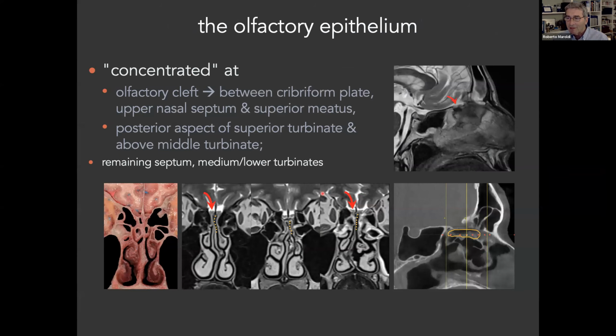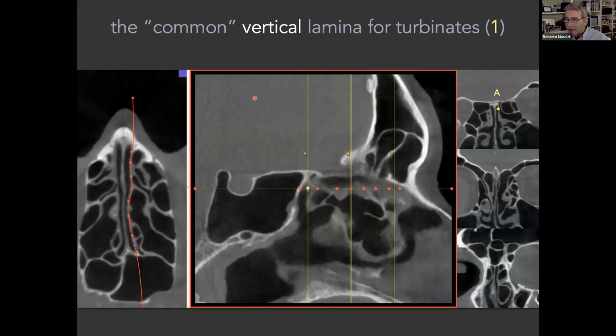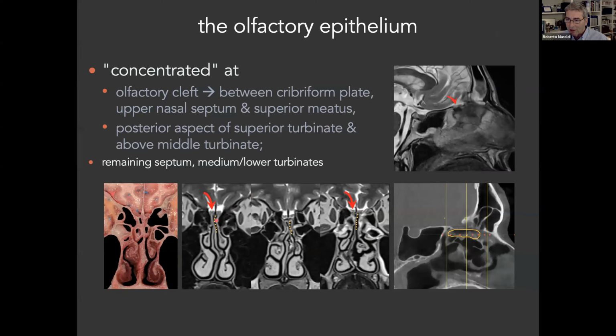And this is a very important area because, as you know, it is the area of the olfactory cleft, and the common lamella does identify the area. And above this, there is actually the olfactory epithelium in the olfactory cleft, as you can see, that is demonstrated in this figure.